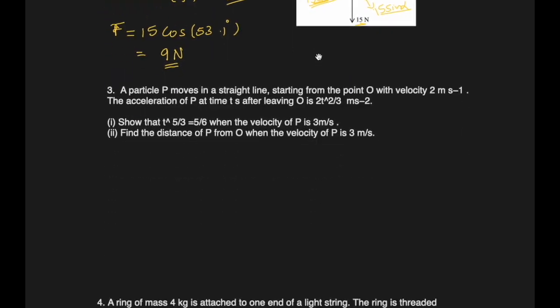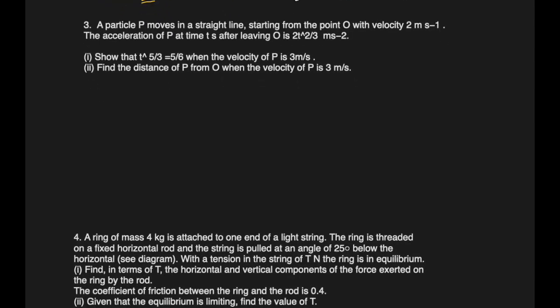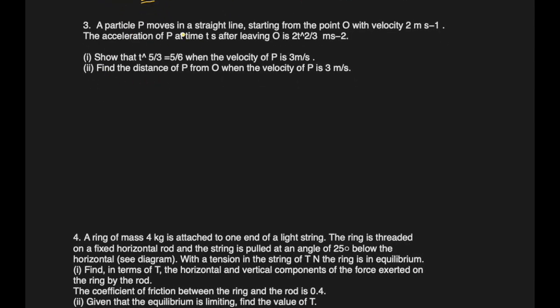Question number 3. A particle P moves in a straight line starting from point O. So let me draw it here. It is starting from this point O with a velocity of 2 meters per second. So here we know that the time is 0, displacement is 0, but velocity is 2 meters per second at this point O when it starts moving.